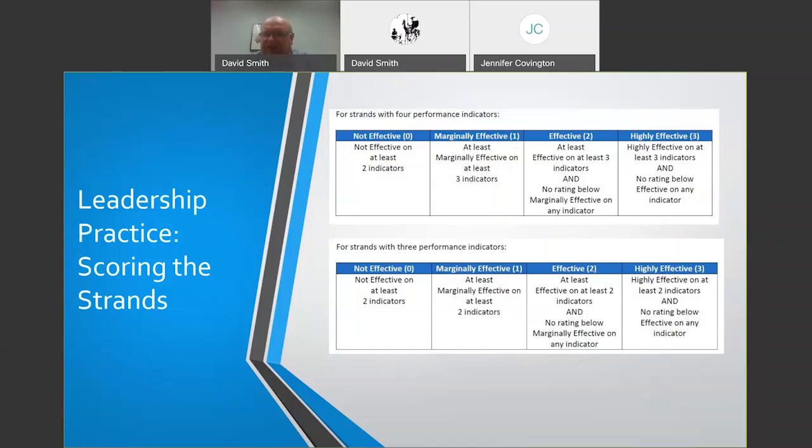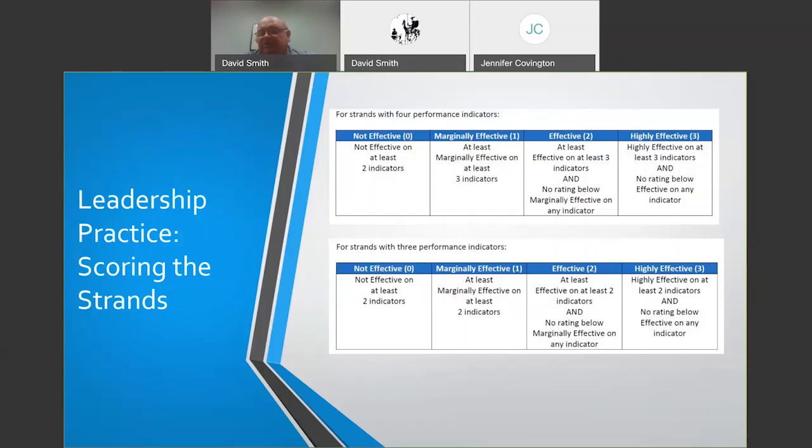So marginally effective says that they're at least marginally effective on at least 3 performance expectations. Now, one of those performance expectations could be marked highly effective, or it could be effective, or it could be not effective. But if 3 of them are marked at least marginally effective, then that person is marginally effective. So let's say that they have 2 that are marginally effective and 2 that are effective.